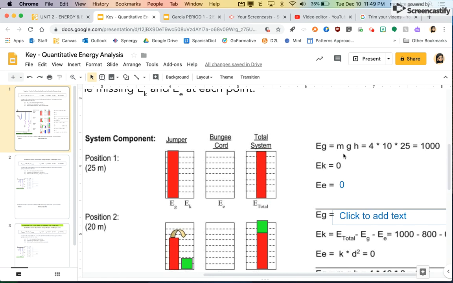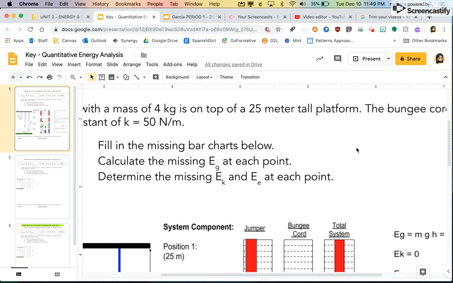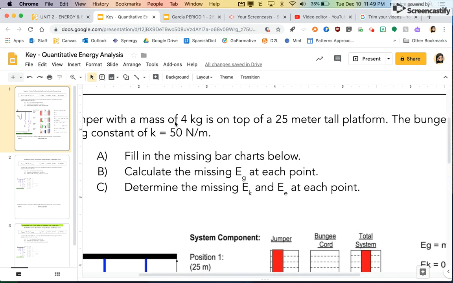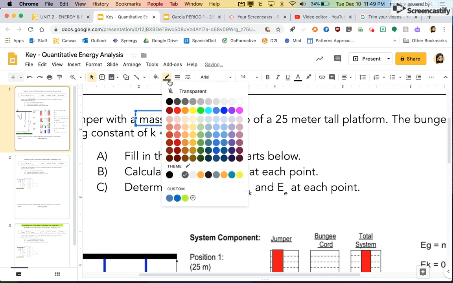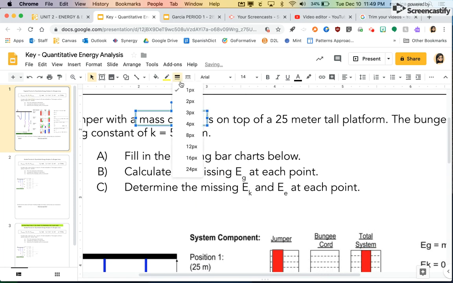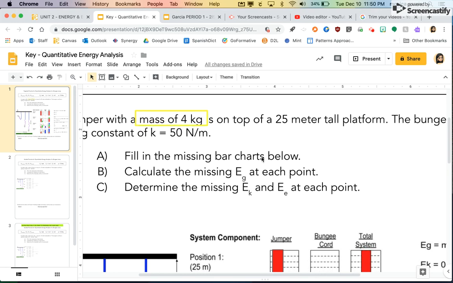So here it's mass times gravity times height. If you look at the problem, it tells us that the mass here is 4 kilograms. I'm actually going to outline that to show you what I'm talking about. This is super important information. Okay, the mass is 4 kilograms.